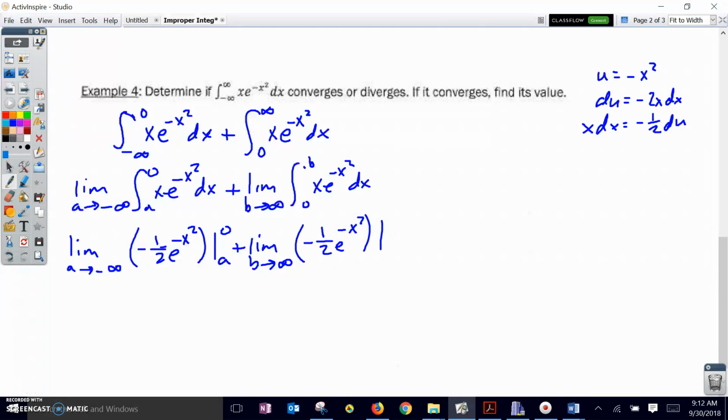And now I just want to go about the process of evaluating these integrals. So we've got the limit as a goes to negative infinity of negative 1/2 times e to the 0, negative 1/2, minus negative 1/2 e to the negative a squared.